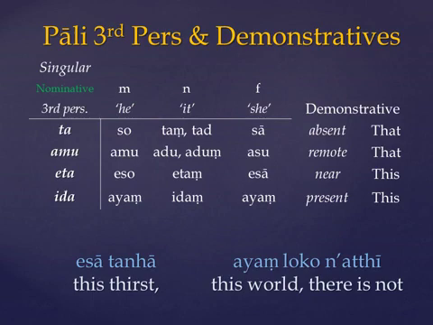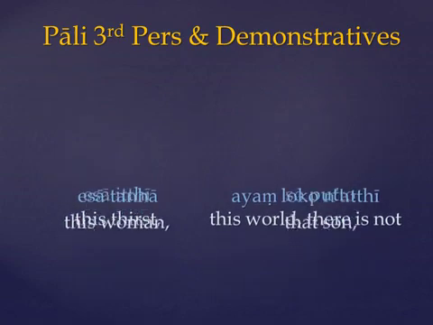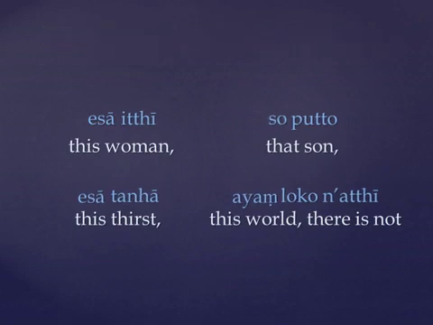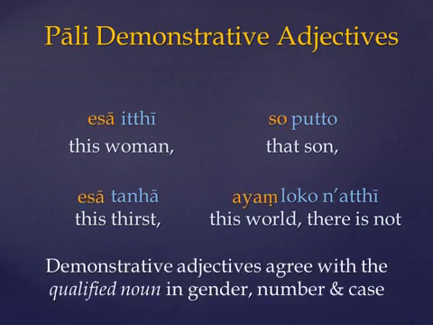Ayaṃ loko natthi, this world there is not. So, unlike the personal possessives, the demonstrative adjectives take the same number, gender and case as the noun that they qualify.